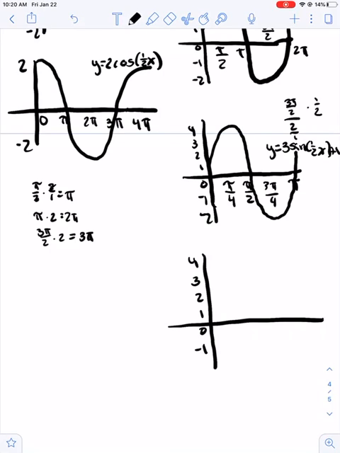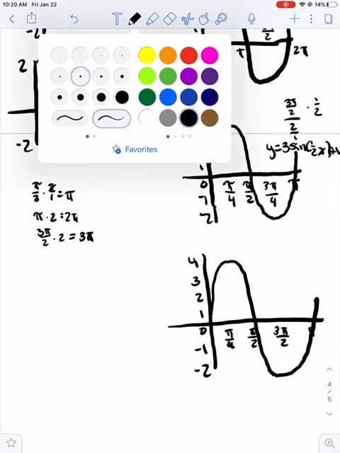So 1, 2, 3, 4, 0, -1, -2, pi over 4, pi over 2, 3 pi over 2, and pi. And I'm going to draw that. We go up, down, oops, up, down, up, up.